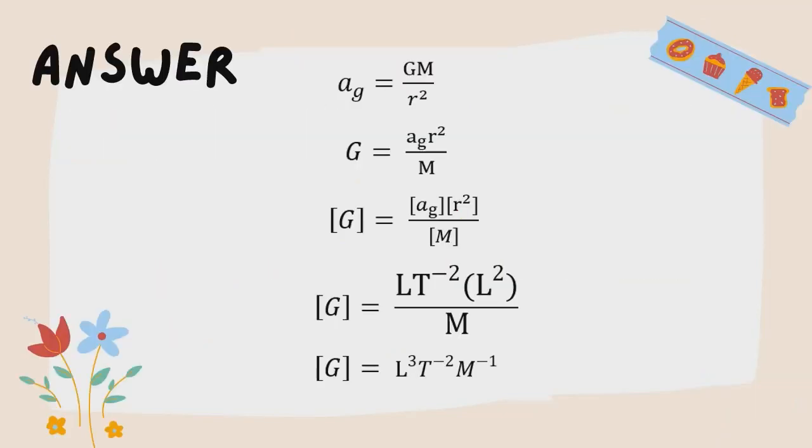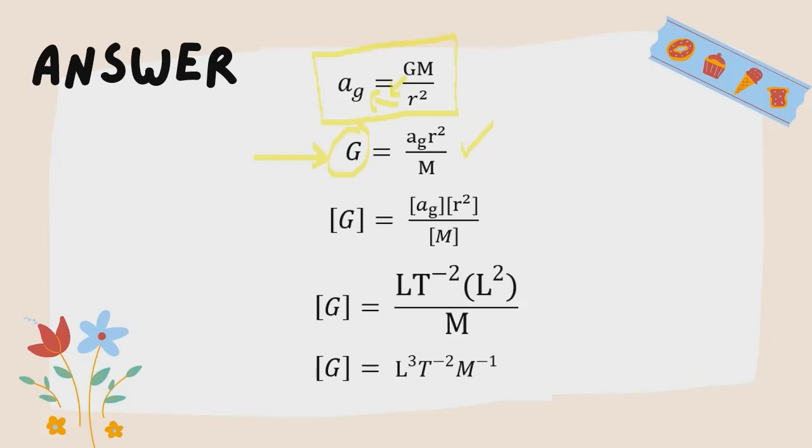First step is to write down again the equation given and then rearrange the equation so that the one that you are supposed to focus on is the subject. In this case, the constant G. So let G be the subject. You rearrange, so you will get a_g R squared over M. And then what you do is you put dimension for all physical quantities present.